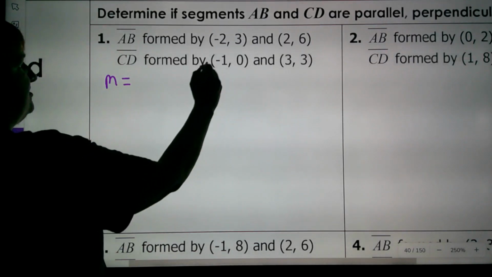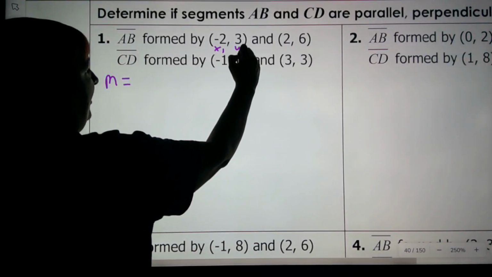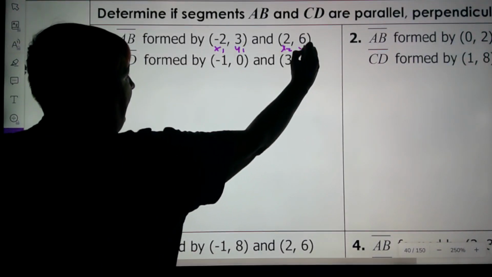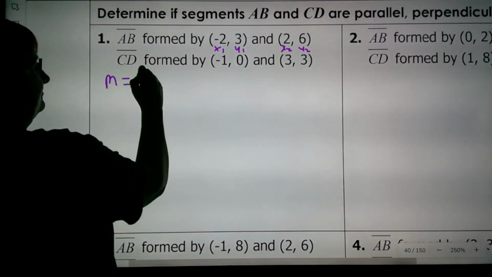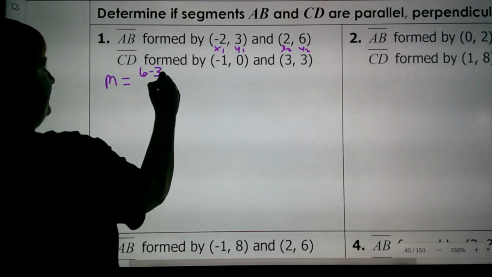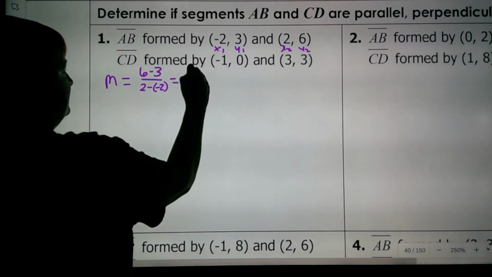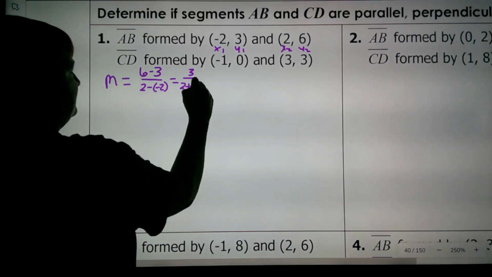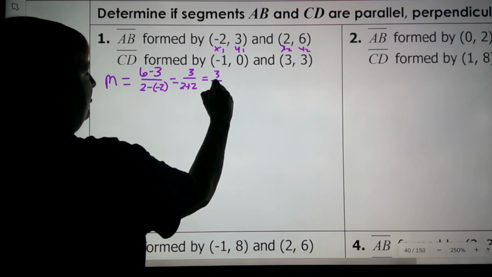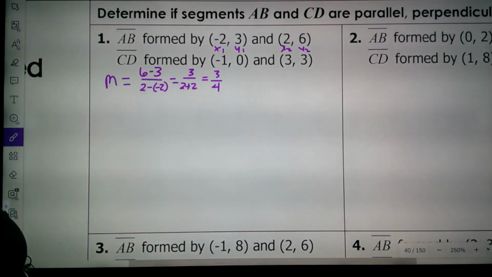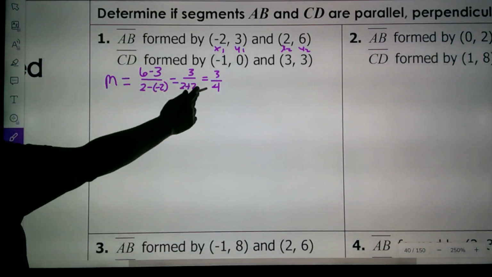M equals, this is your x1, y1, x2, y2. So it's going to be 6 minus 3 over 2 minus a negative 2, which is 3 over 2 plus 2, which is 3 over 4. So the slope for AB is 3 over 4.